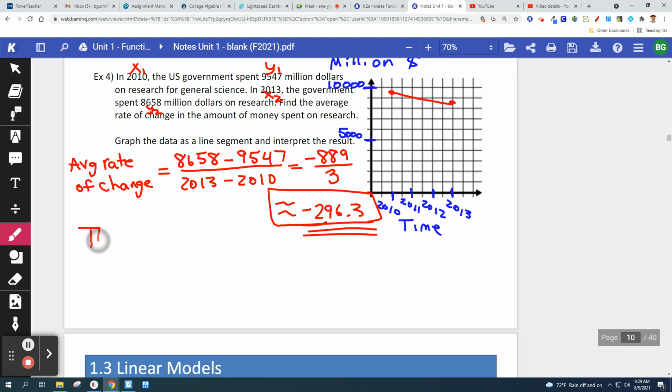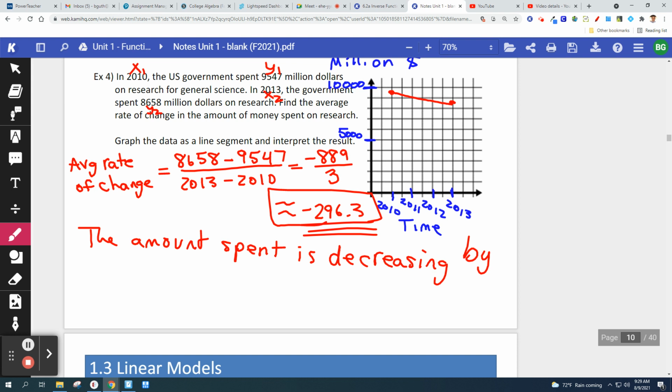So let's just say the amount spent is decreasing by an average of 296.3 million each year.